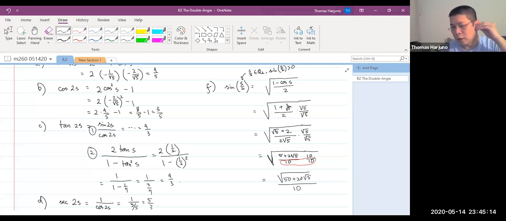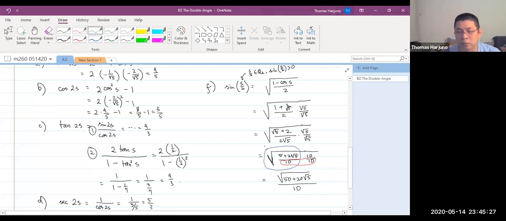I think that's the furthest you want to go. I'm actually okay if you leave it here. Just don't make it decimal. Try to rationalize as much as you can. If you see this question in the textbook, they will answer it this way.